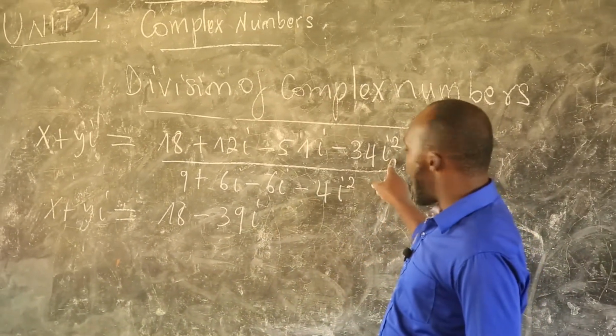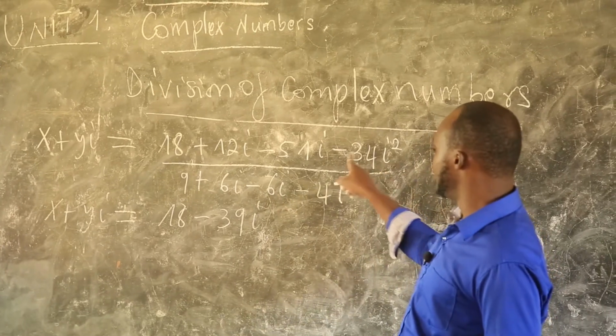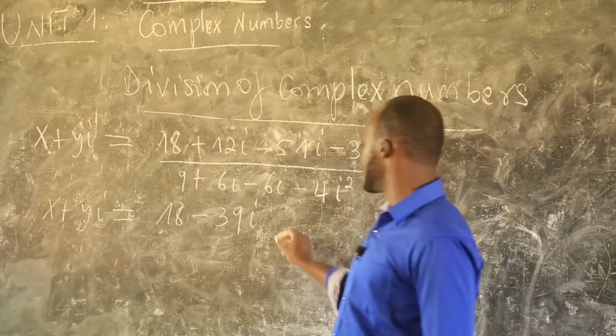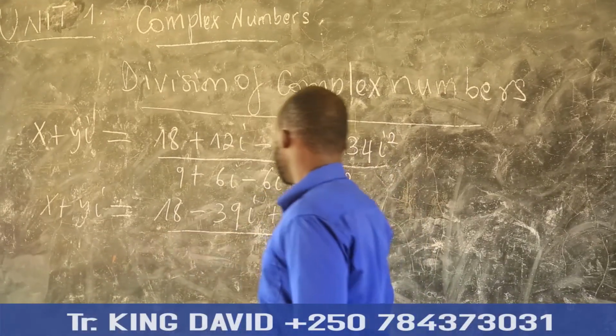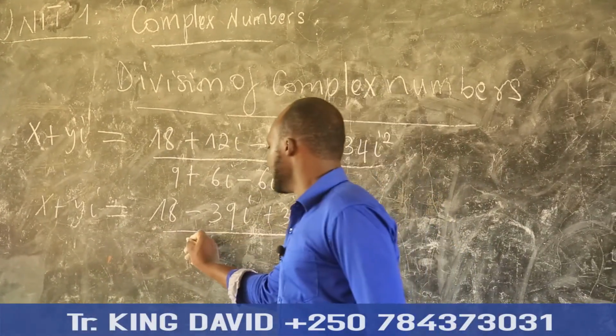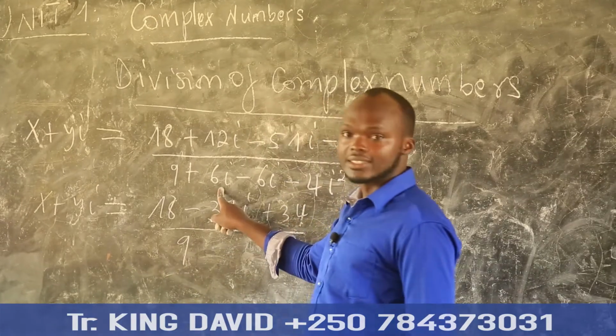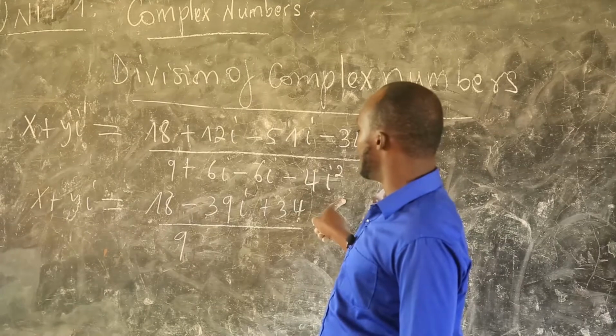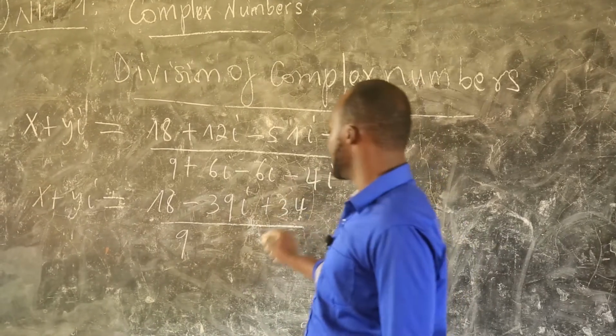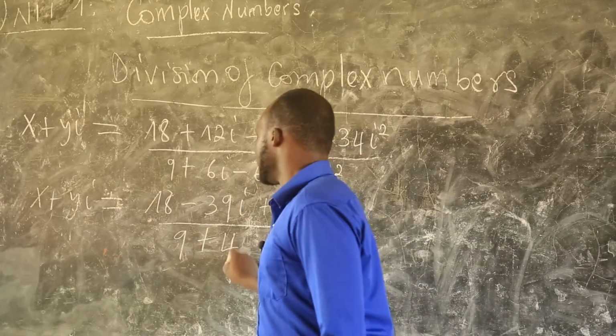Then i squared is negative 1. Negative times negative comes positive, that is positive 34, divided by 9. 6i minus 6i is 0. i squared is negative 1, negative 1 times negative 4, that's positive 4.